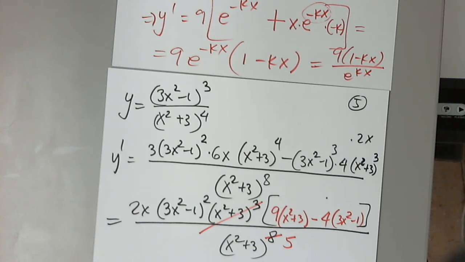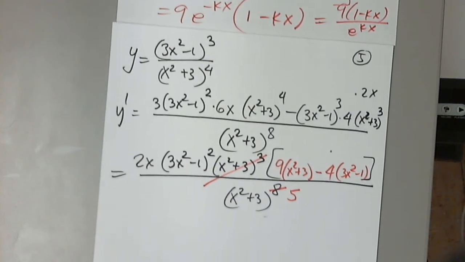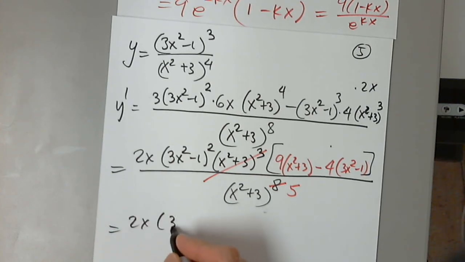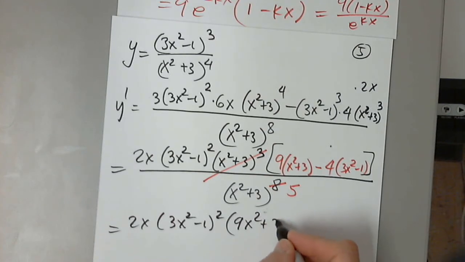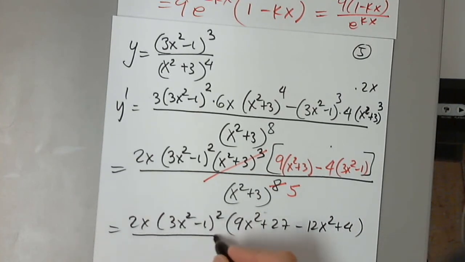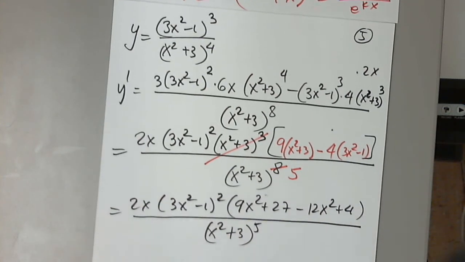So now the numerator is 2x, 3x squared minus 1 squared, 9x squared plus 27 minus 12x squared plus 4, over x squared plus 3 to the 5th power.